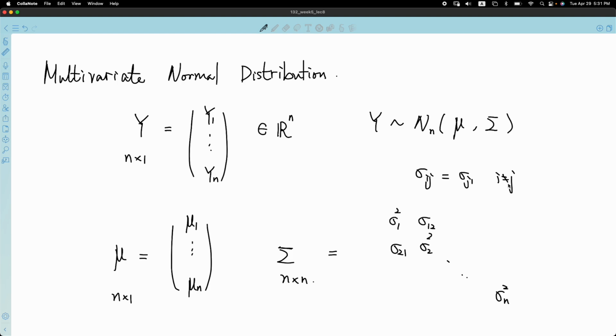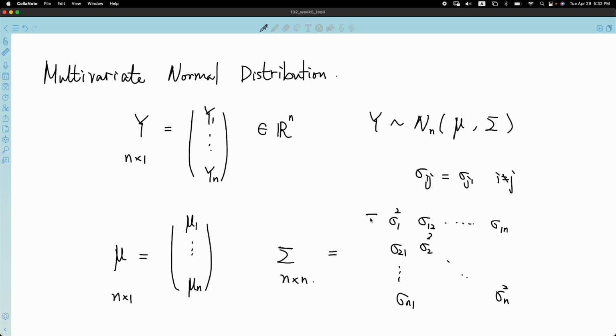So if you want, you can just state it for i not equal to j, and then they are symmetric. Similarly, all the way, you have the first row and the nth column, and the nth row and the first column, and you can fill out the remaining matrix here.